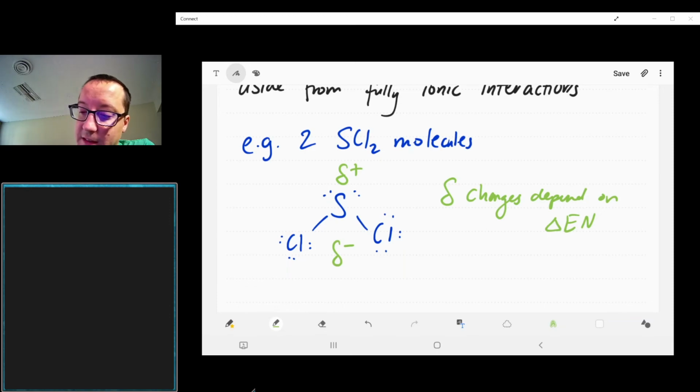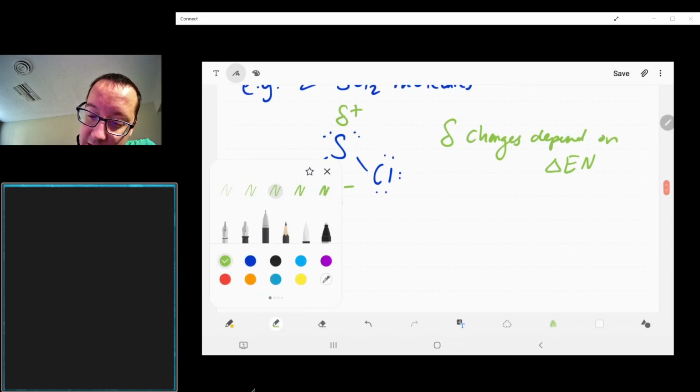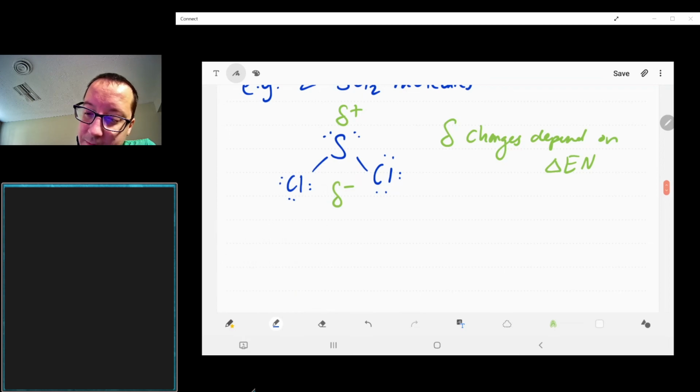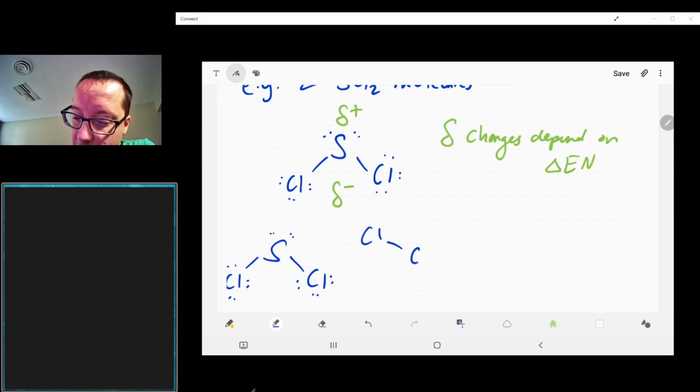We're going to see that if another SCl2 molecule comes in, it could come in two possible ways. We could have it come in like this, or like this. And so we want to take a look at what's going to happen here.